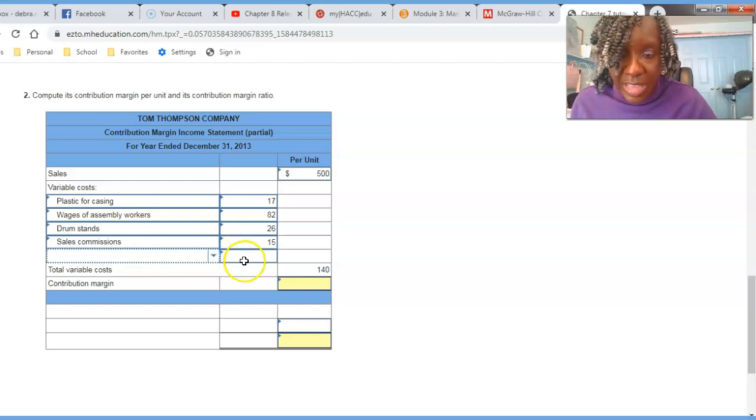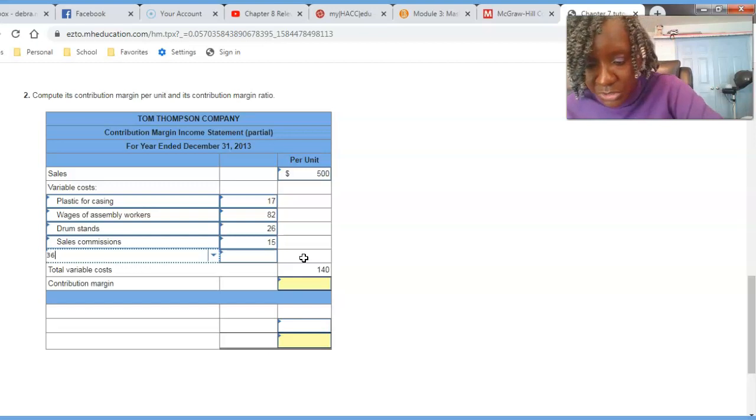So now we have $140 per drum set in variable costs. Now we can take our contribution margin by unit: we take the $500 selling price and subtract the $140 variable costs. So we come up with $360.